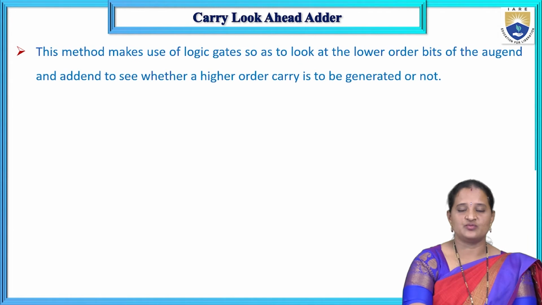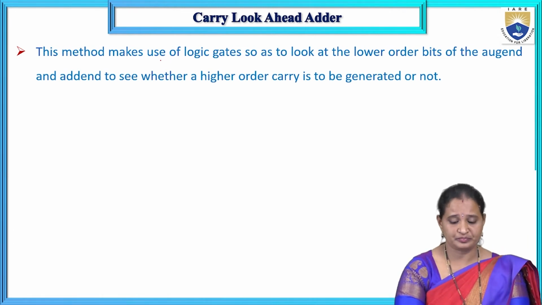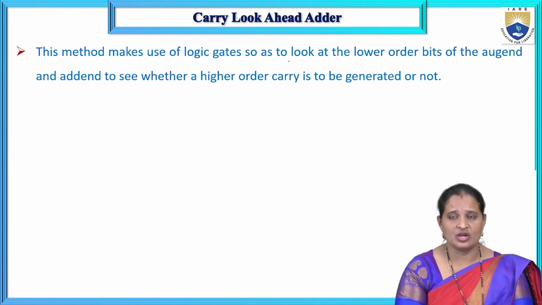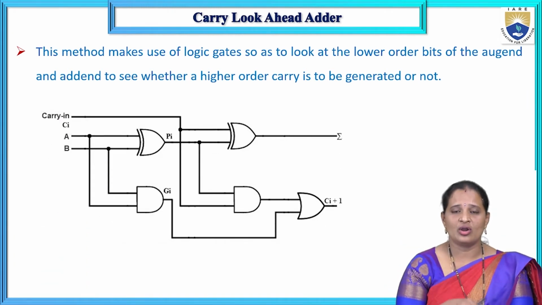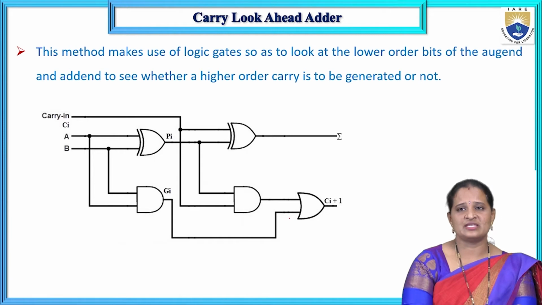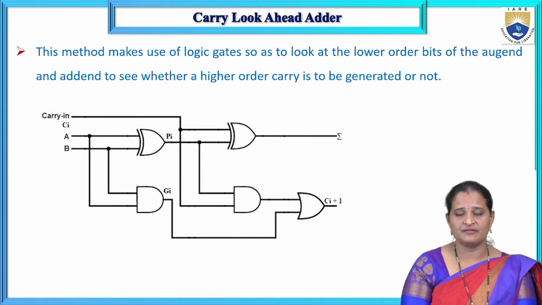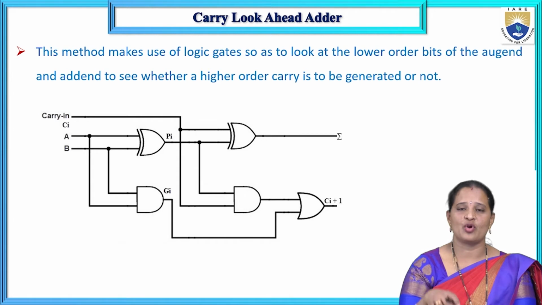In this method, we make use of logic gates to look at the lower order bits of the augend and addend bits to see whether a higher order carry is generated or not. We need to always look at the lower order bits in order to see whether the higher order carry is generated. Here, this is a basic full adder circuit which we are using for generating and propagating the carry input.